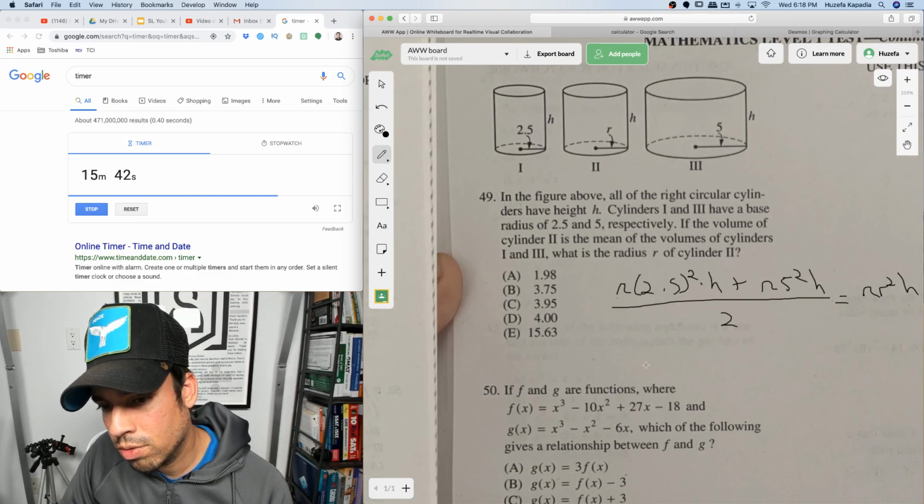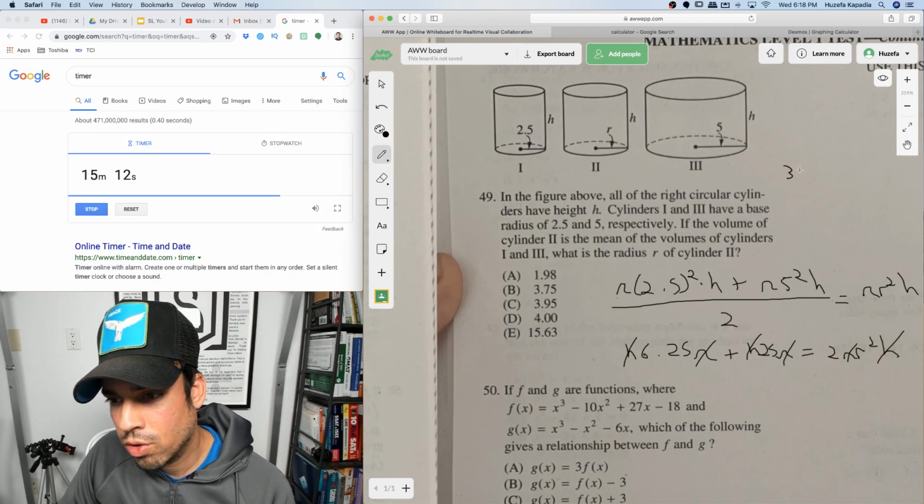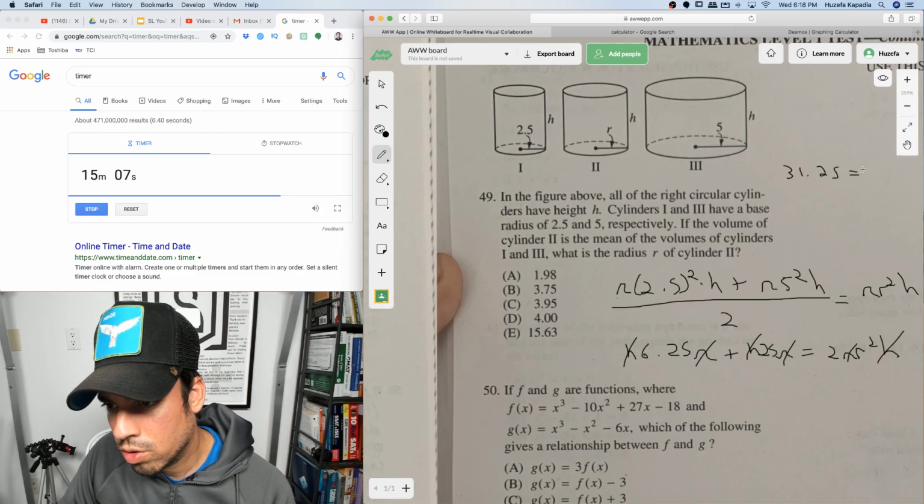Multiply both sides by 2. So that's 6.25 pi h plus this one becomes 25 pi h equals 2 pi r squared h. The h's all can divide out. The pi's can all divide out. So now I have 6.25 plus 25 is 31.25 equals 2r squared.